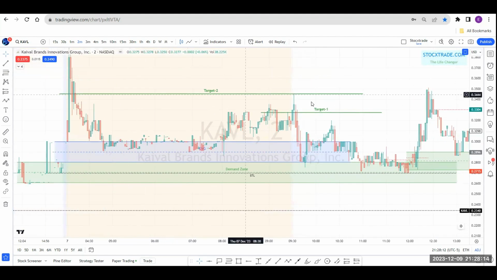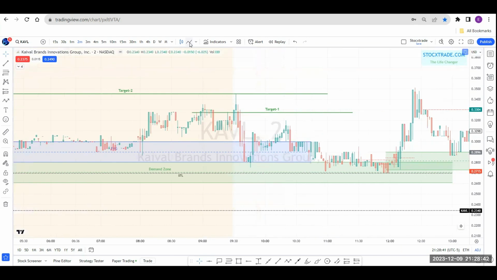So I gave this target, Munir bhai. No, KVN. Okay, that was target one. Price was going up, and I was looking at this candle, and you can mark this line on the chart.